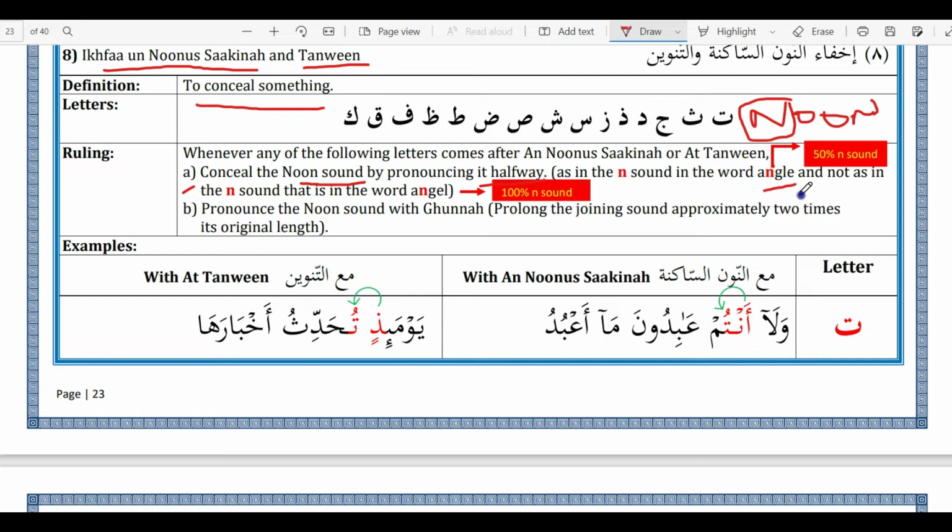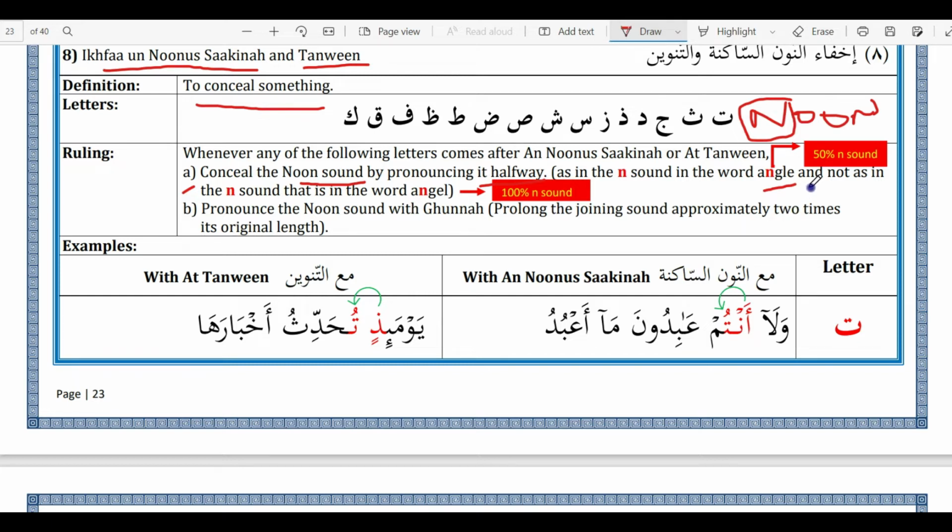If we say it with a full N, then the noon sound is 100%. But we want to pronounce it halfway. Or in the other word, like the ship, you know, the ship that got the anchor, so we say anchor, halfway. Okay?